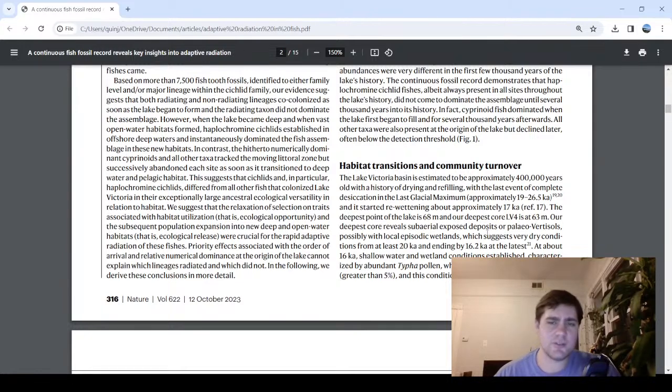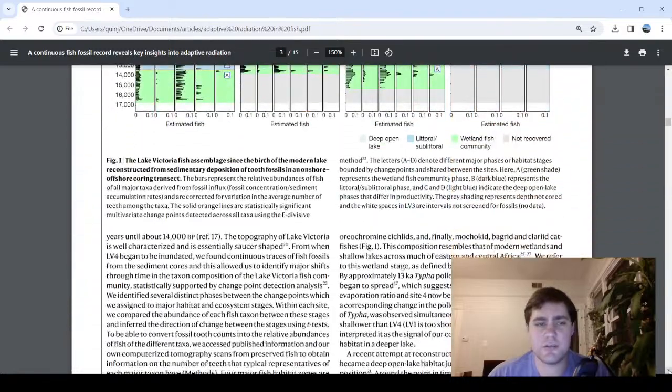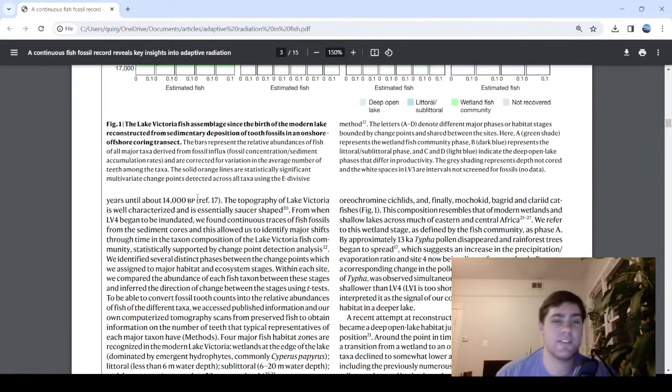Our deepest core reveals subaerial exposed deposits of paleovertisols, possibly with local episodic wetlands, which suggest very dry conditions from at least 20 Ka ending in 16 Ka at the latest. At about 16 Ka, shallow water and wetland conditions established, characterized by abundant typha pollen, which suggests in situ typha growth. This condition lasted for approximately 2,000 years until about 14,000 BP.